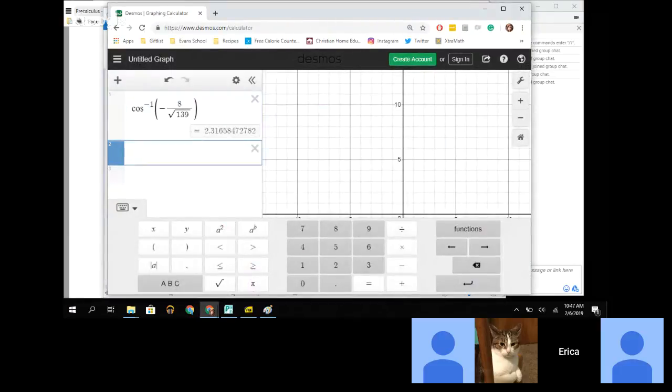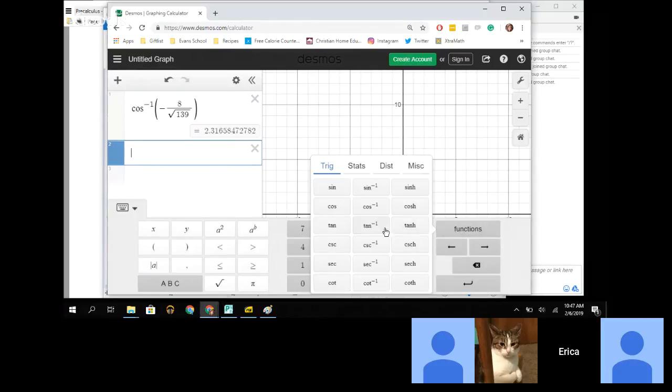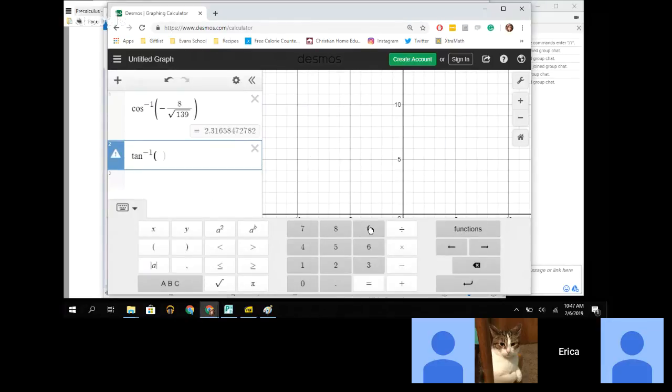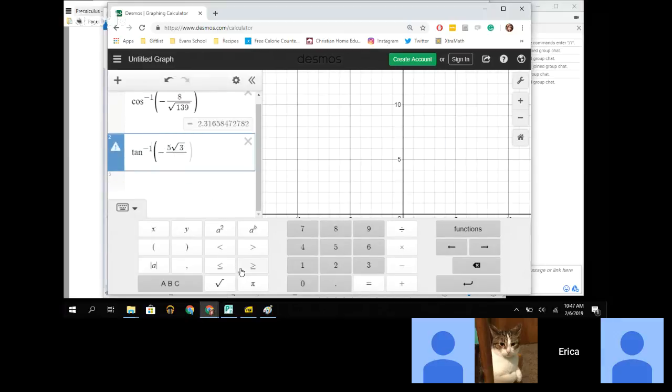Okay, so if I do the inverse tangent of -5 square root of 3, and I'm going to divide it by -8. Okay, I get 0.822 something.